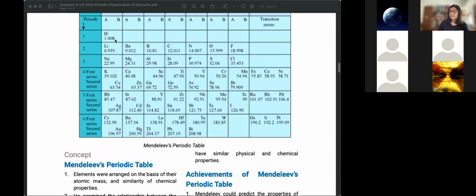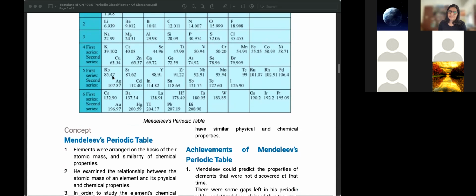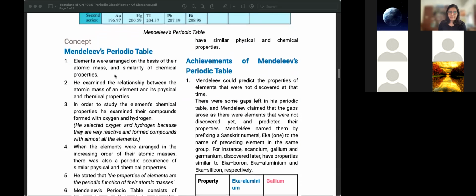He borrowed slightly from Newlands' idea there, but he took it further. He said periodic function, meaning repeating, like you have time period in waves and oscillations. So at every 7th element or every 8th element, the physical and chemical properties keep repeating. You find similar physical and chemical properties. Okay, so that was his law.